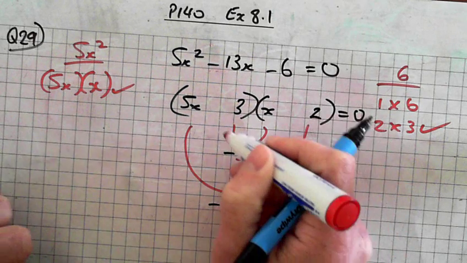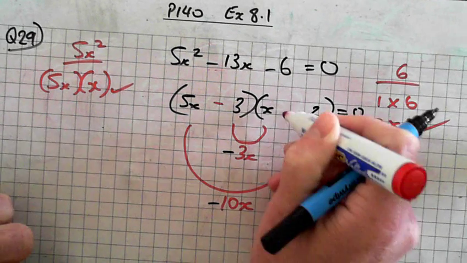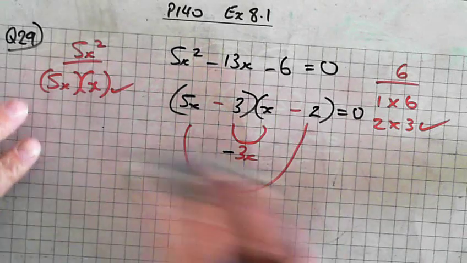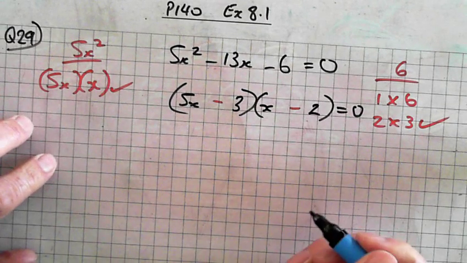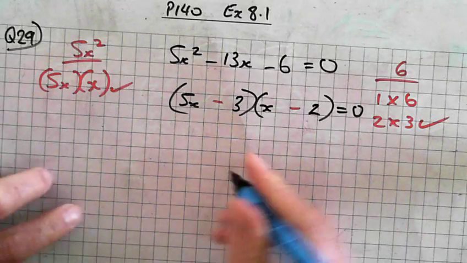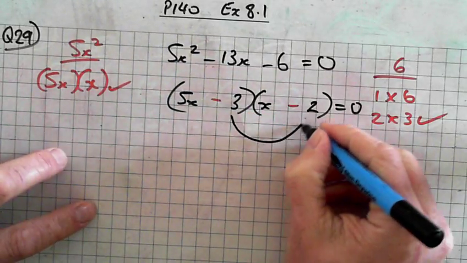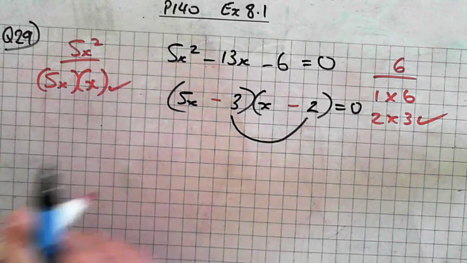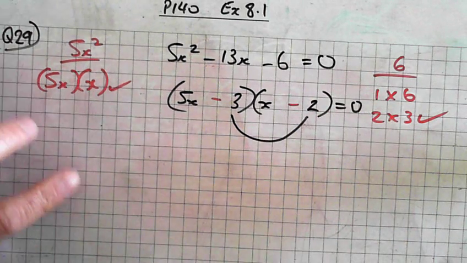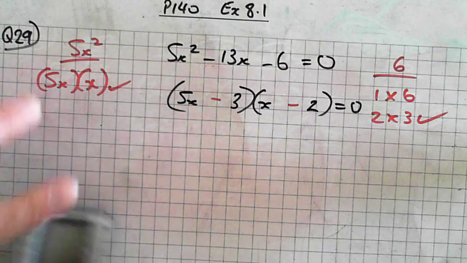Alright, so the top sign goes left, the bottom sign goes right. Test number 1 complete, but does it necessarily mean that it's correct? We have to do test number 2. Minus 3 times minus 2 is a plus 6. Is that a plus 6? No. So we have to go back.